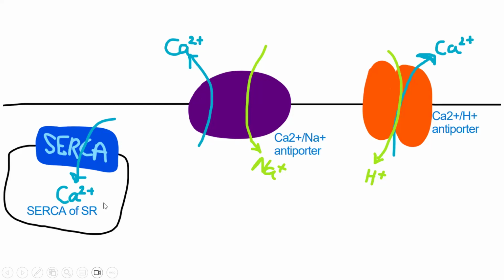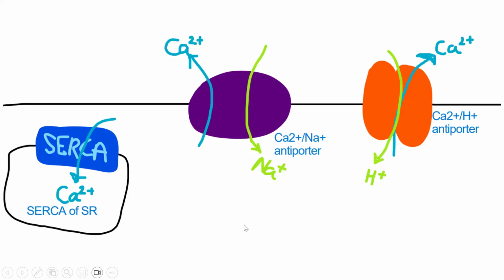Once inside the sarcoplasmic reticulum, calcium will be arrested by two proteins: one is calsequestrin, which we already talked about, and the other is calreticulin. Just know calsequestrin because it's asked about more. Basically, these are two policemen arresting calcium inside the sarcoplasmic reticulum and not allowing it to leave.